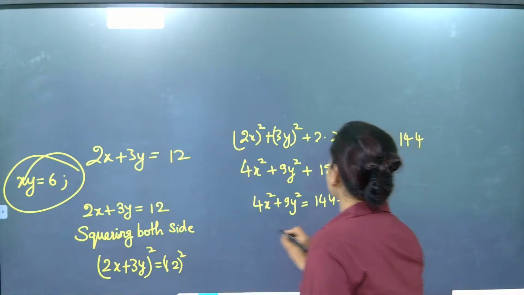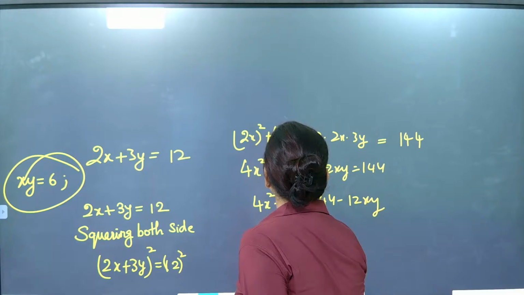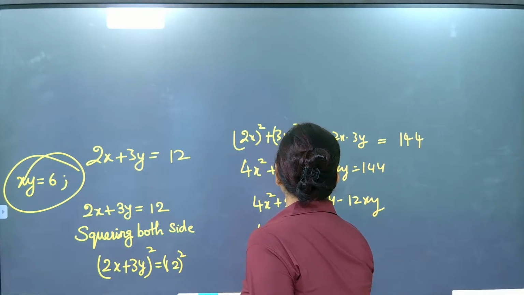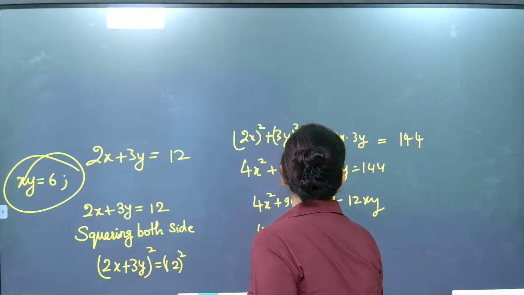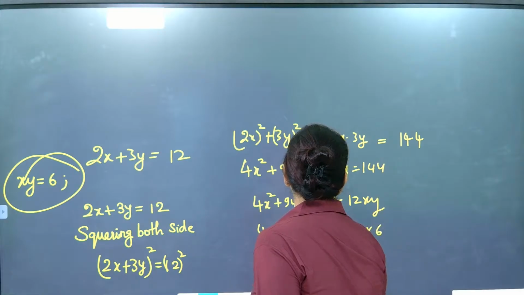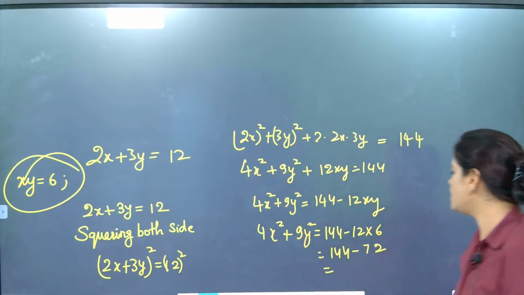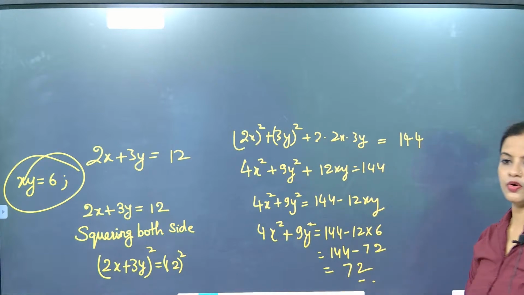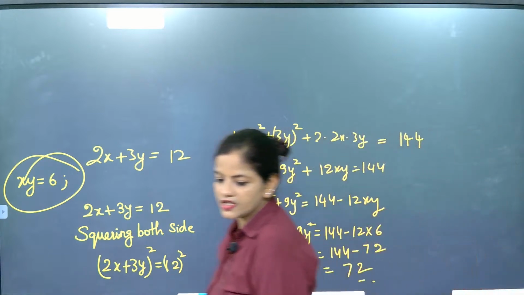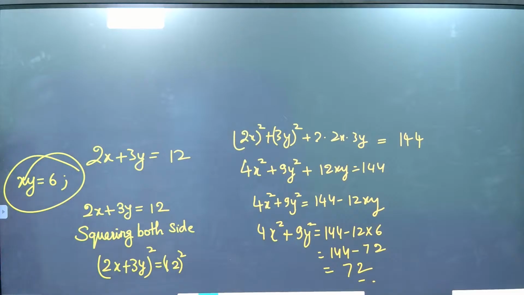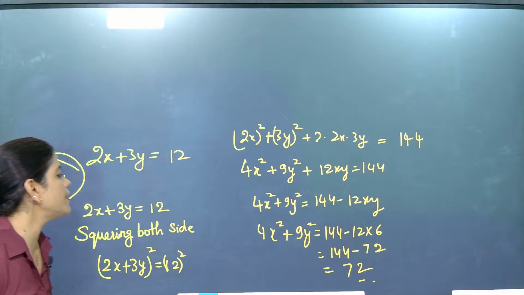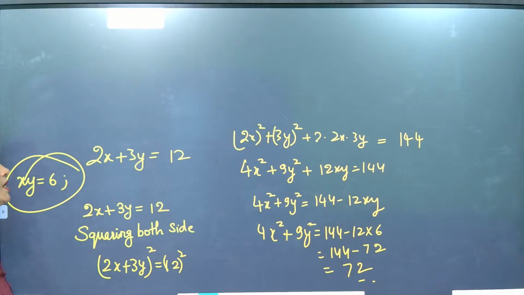So shall we replace: 4x square plus 9y square equal to 144 minus 12 into 6. Tell me what is the value, beta? The answer coming is 72. Did you get this point, beta? Come on, check. So it is coming as 4x square plus 9y square, 144 minus 72.